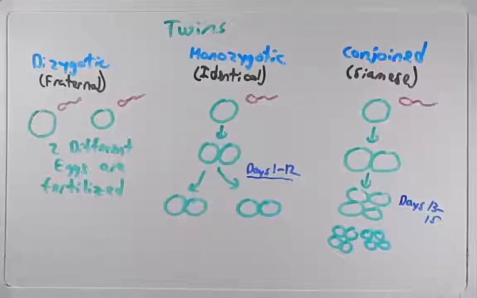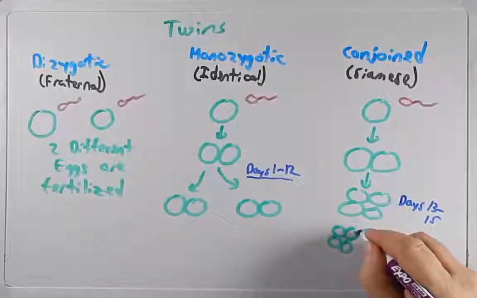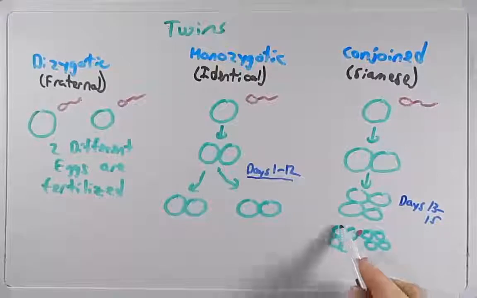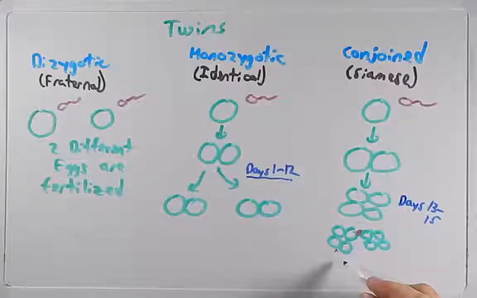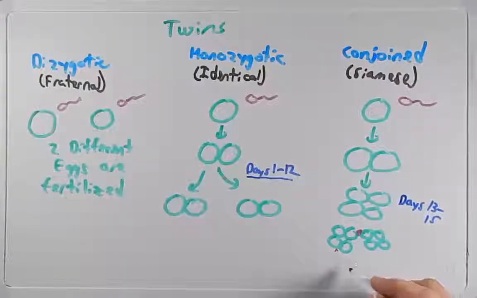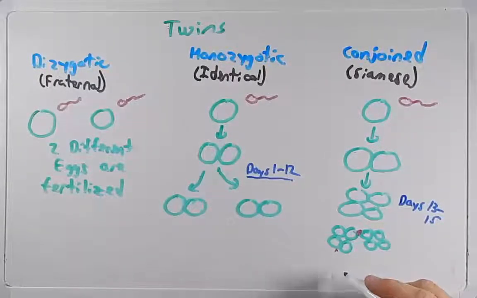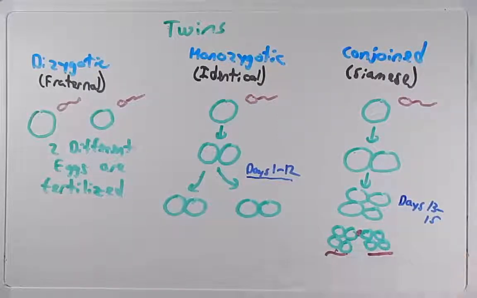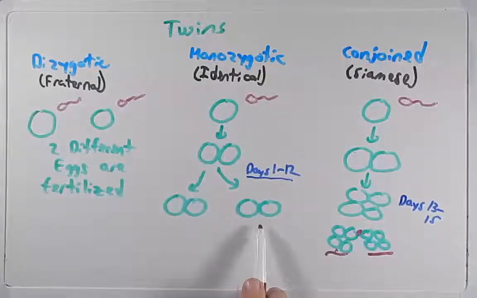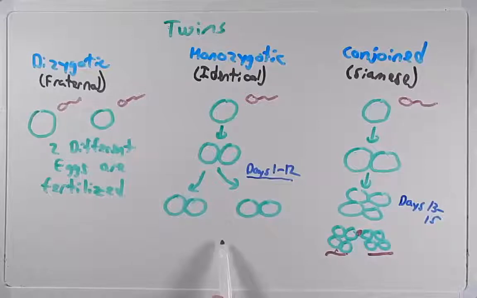And for the purpose of this drawing, we'll draw them conjoined right here. Now these cells will continue to divide, and each one will form the blastocyst, and then each one will form the gastrula to form the different tissues, and each individual embryo will form independently, though attached. Monozygotic twins also form independently of each other, but they're not connected with each other.